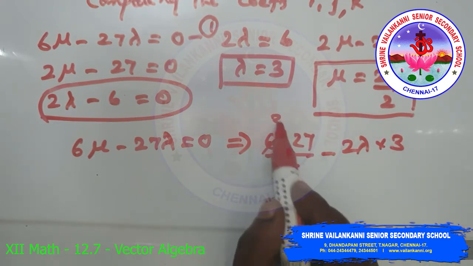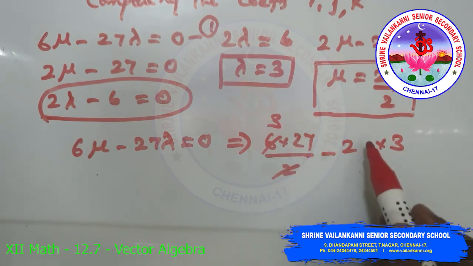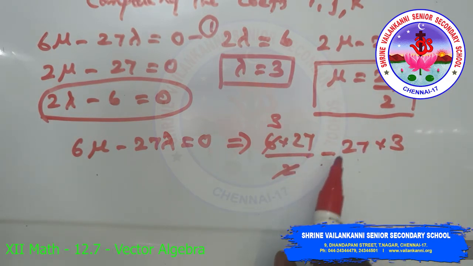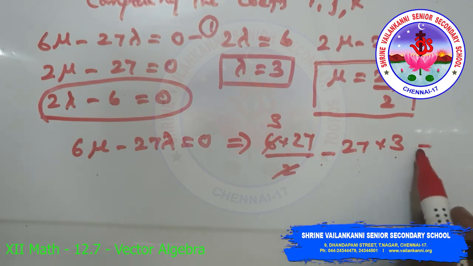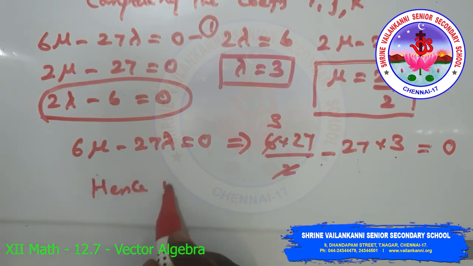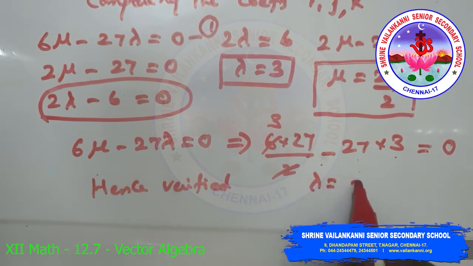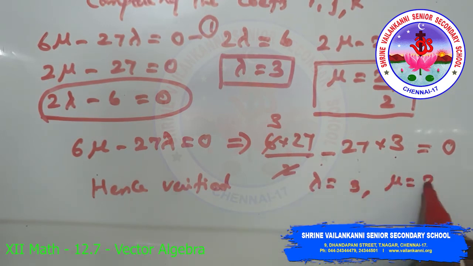Cancelling, 27 into 3 minus 27 into 3 equals 0. Hence verified. So lambda equals 3 and mu equals 27 by 2.